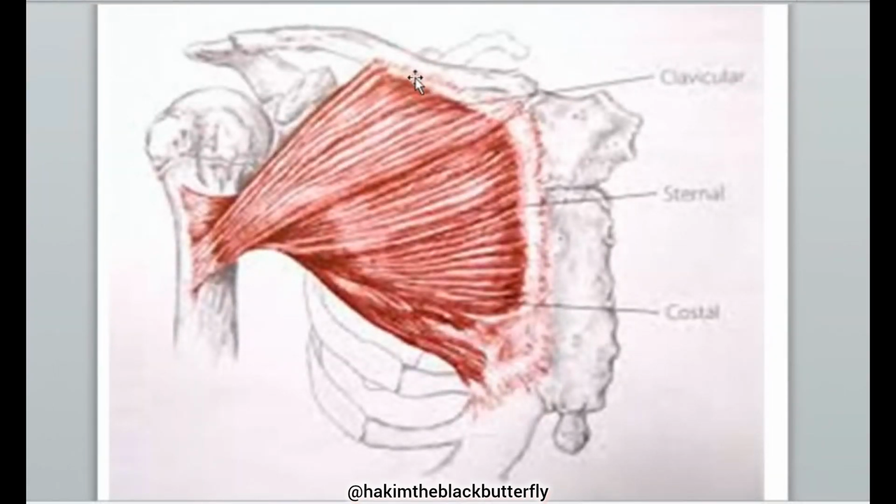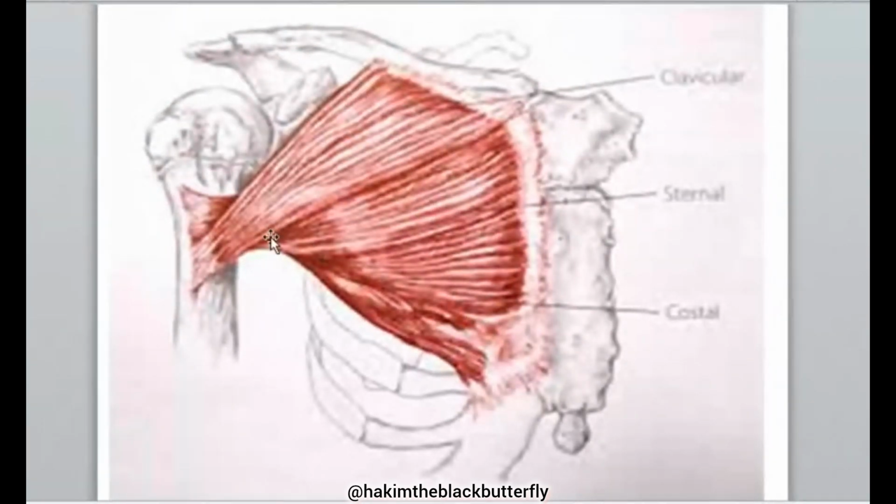So you see, you talk about the origin, the insertion, the nerve supply, and the action. And when you go to the nerve supply, you must go to the brachial plexus to see which part of the brachial plexus that nerve comes from. That is one of the muscles from the pectoral region, the largest one, known as the pectoralis major.